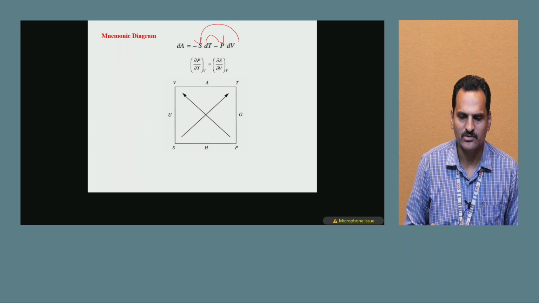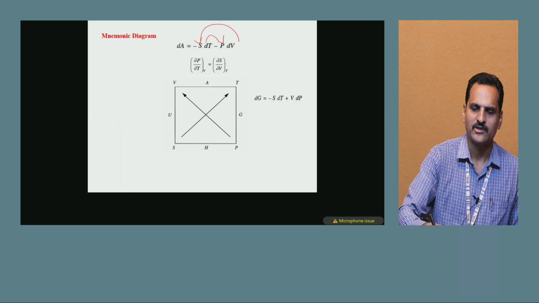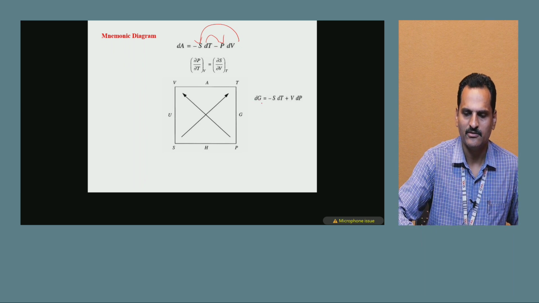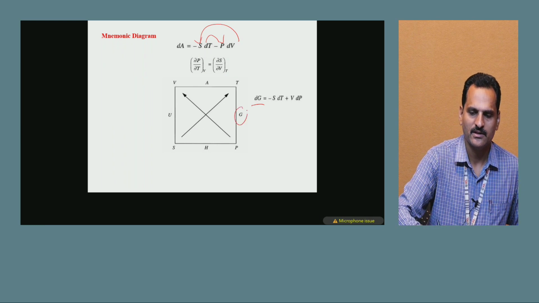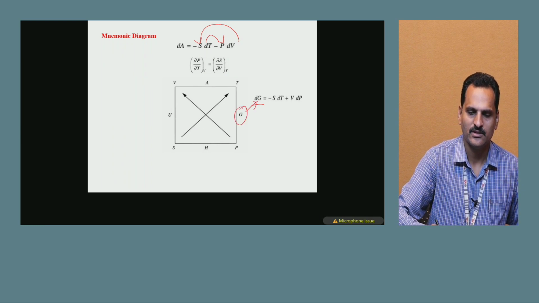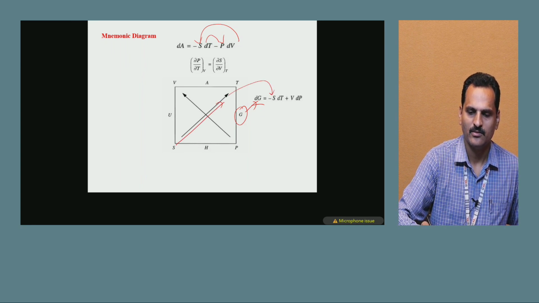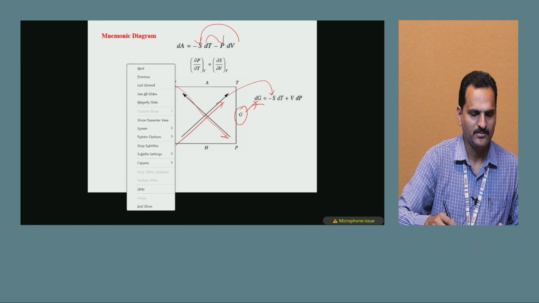Similarly, how to remember the Gibbs free energy Maxwell equation? dG, the differential form of the Gibbs free energy, is equal to, if you look here, minus SdT, and the opposite is VdP.